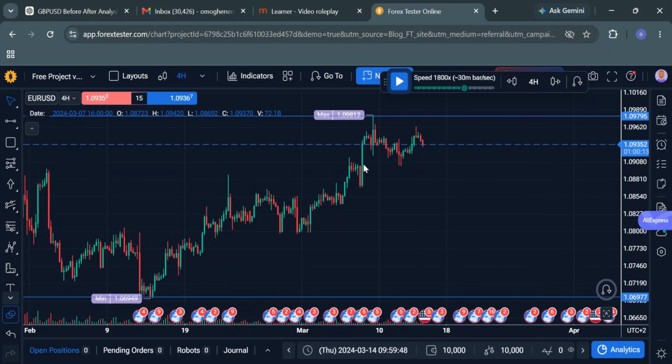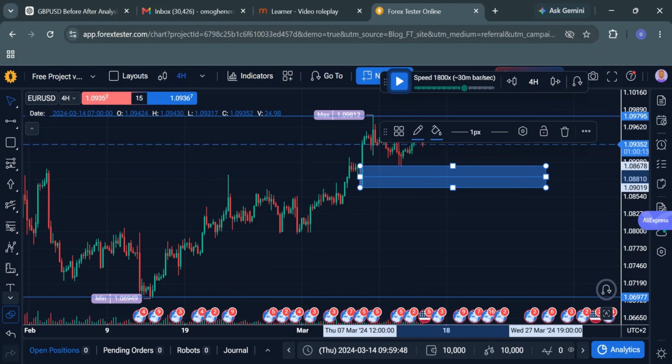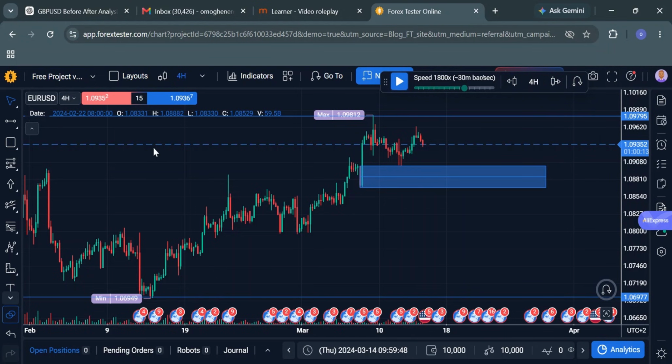But if you look at this, you can see that there's actually a fair value gap somewhere around here and around here. So first off, I'll start marking up the big order blocks that are visible from this region here. I'll have our first order block on the 4 hours time frame, and I'll do the same to the previous one on top.